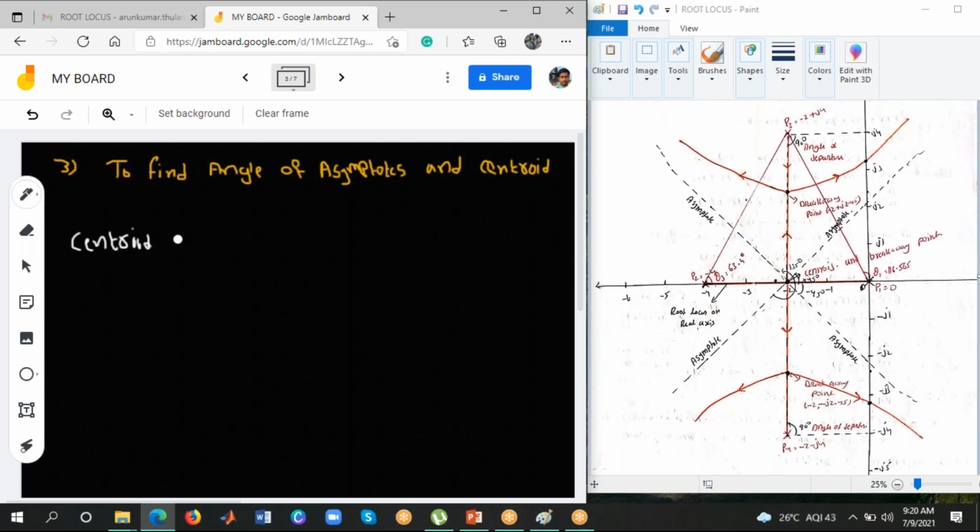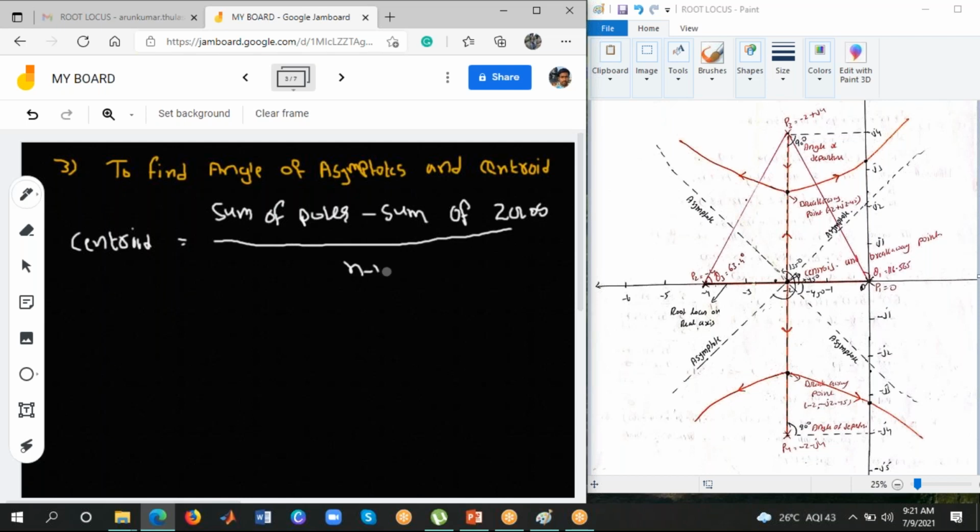The centroid formula is sum of poles minus sum of zeros divided by n minus m.